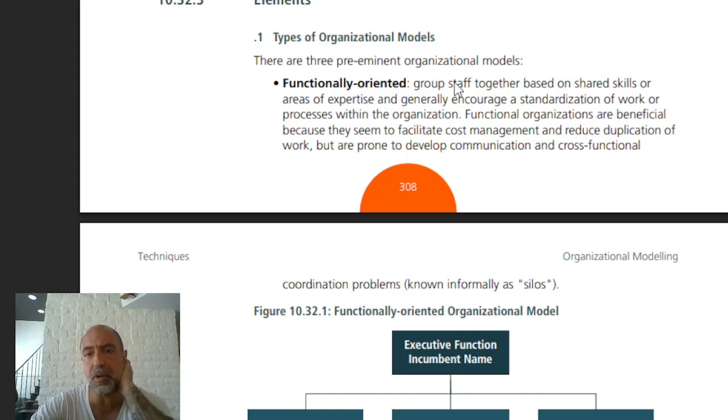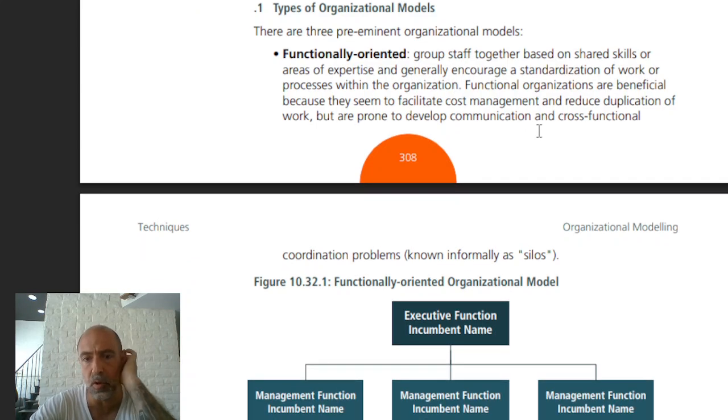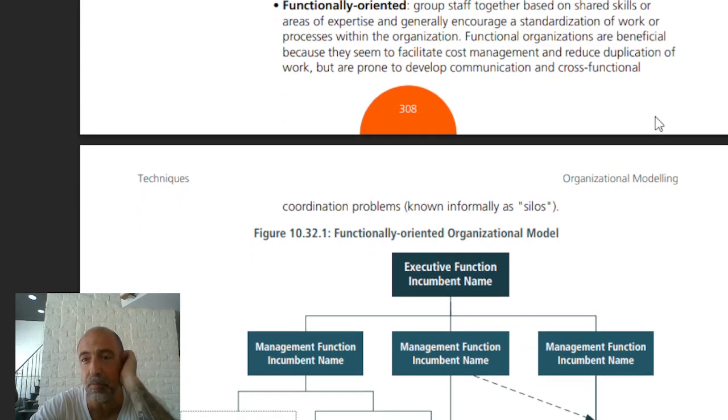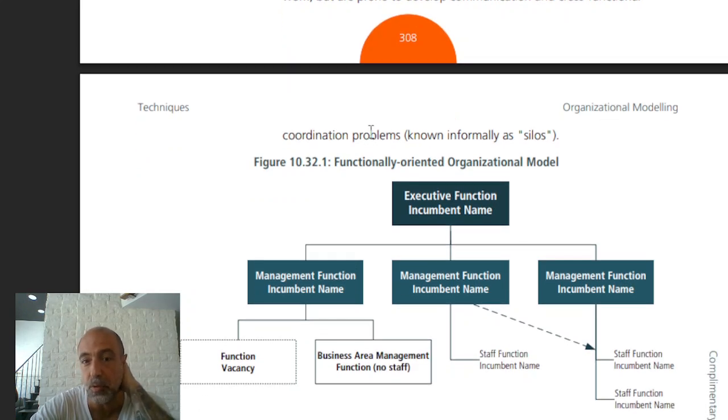There are 3 preeminent organizational models. The functionally oriented model groups staff together based on shared skills or areas of expertise, and generally encourages the standardization of work or process within the organization. Functional organizations are beneficial because they facilitate cost management and reduce duplication of work, but are prone to developing communication and cross-functional issues.